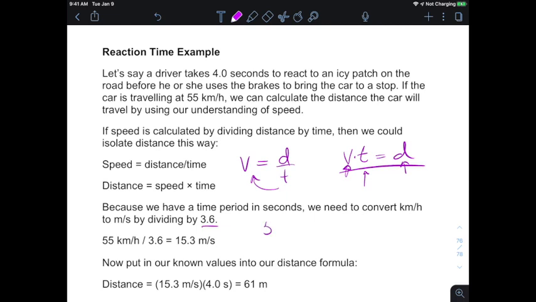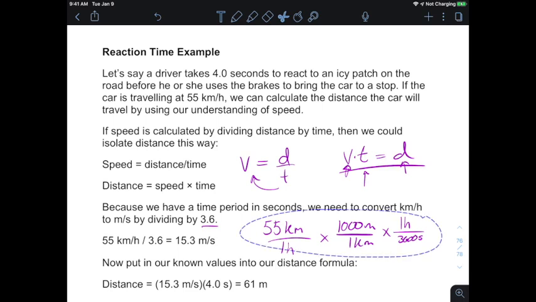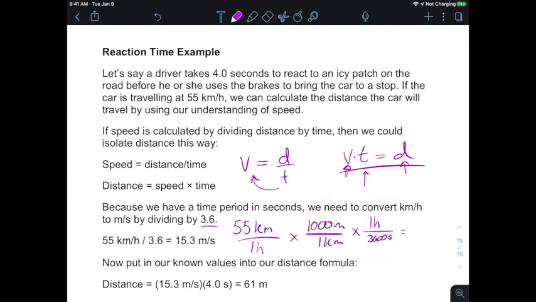We also did this in a previous video by taking our kilometers per 1 hour, multiplying it by 1,000 meters divided by 1 kilometer, and then also multiplying it by 1 hour, which is made of 3,600 seconds. So this is the same effect as dividing by 3.6, and the result is a value of 15.3 meters per second.